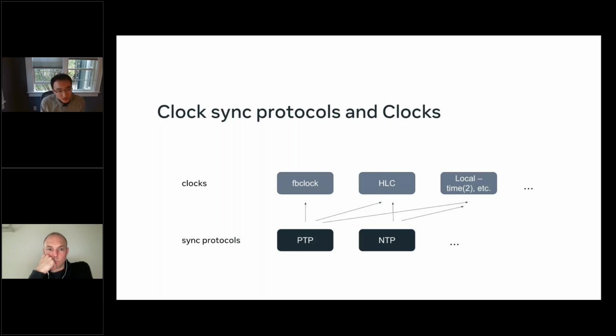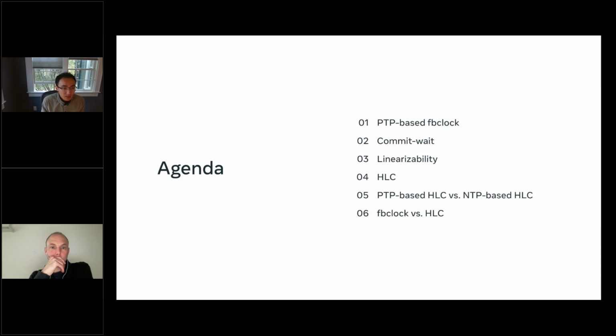So this is the agenda. I'll briefly talk about PTP-based FB clock, and I assume the audience is mostly familiar with it. And then I'll briefly talk about commit wait and linearizability, and spend some time talking about what is HLC, and spend most of the time comparing between them. For example, PTP-based HLC versus NTP-based ones, and then FB clock versus hybrid logical clock.